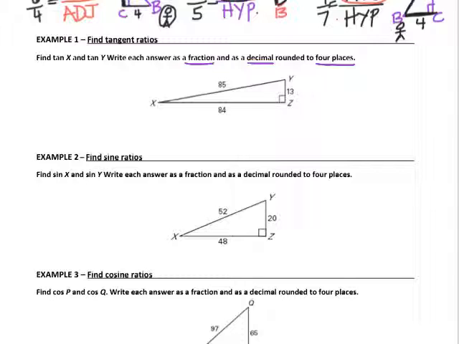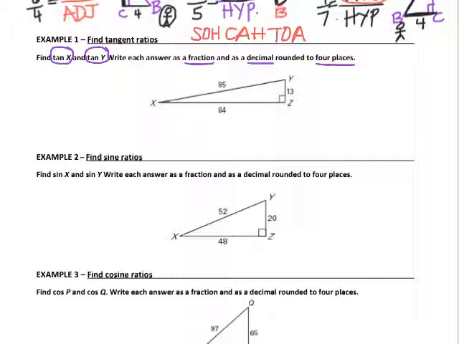Now, this one is asking us to find the tangent of x and the tangent of y. Let me just give you a little hint on how to remember all of these ratios. This is not something that I've made up, but in any trigonometric video or lesson that you're going to be looking at online, you're going to see this abbreviation, SOH-CAH-TOA.